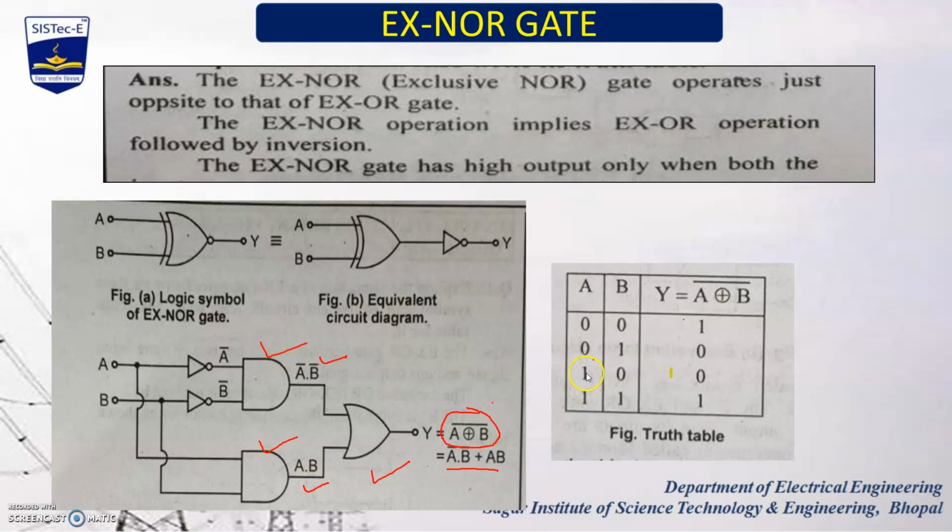In the third case, when input A is high and input B is low, the output is also low. And in the next case, when both inputs are high, the output of the exclusive NOR gate is high. This means the output of the exclusive NOR gate is just the complement of the output of the exclusive OR gate.